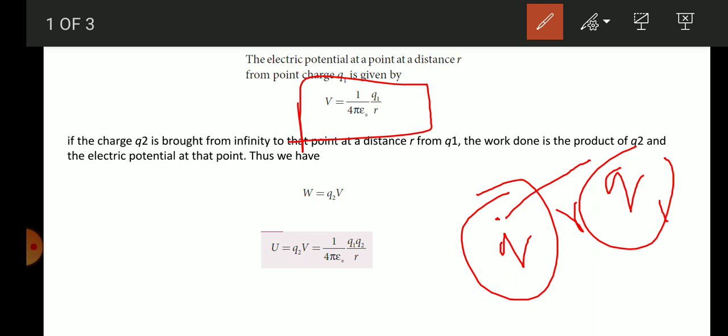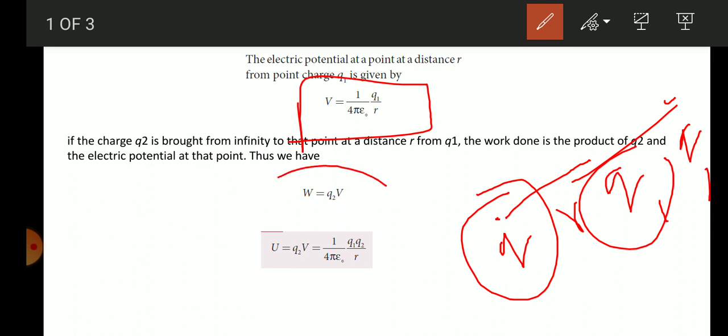If the charge q2 is brought from infinity to a point at distance r from q1, then some work must be done in order to bring the charge q2 against the electric field.